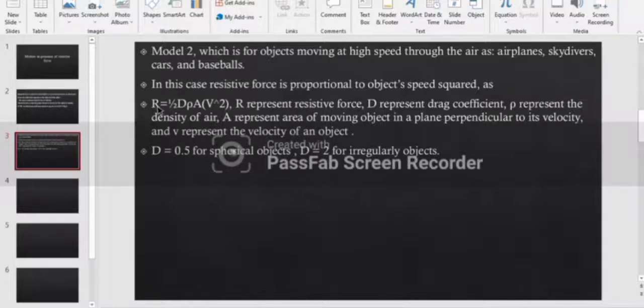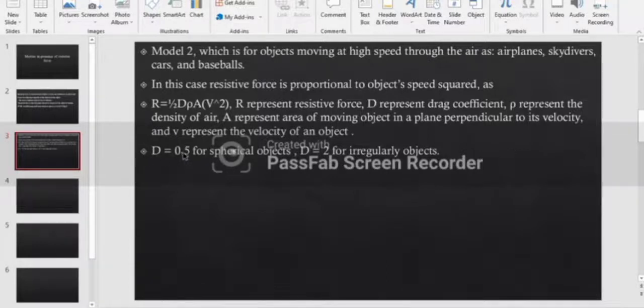And its rule is R equals half D rho A times V squared. R represents the resistive force, D represents the drag coefficient or resistive coefficient, rho represents the density of air, A represents the area of the moving object in the plane perpendicular to its velocity, and V represents the velocity of the object.